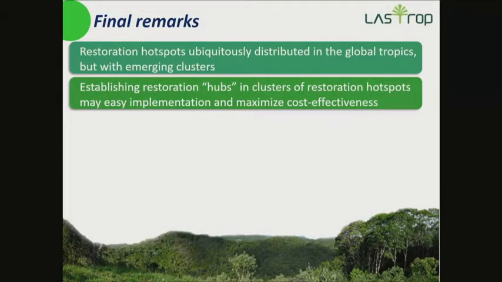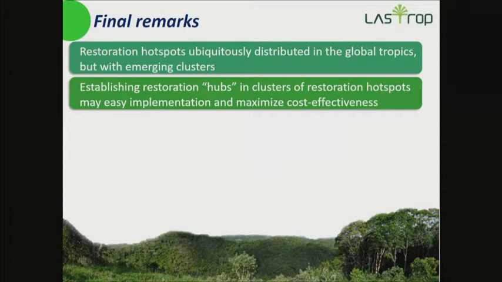But at the same time, we have to recognize some global regions present higher, more aggregated clusters of restoration hotspots. And in these global regions, we can establish restoration hubs. So we can concentrate investments in infrastructure, in logistics, in structure for processing forest and non-forest timber products.